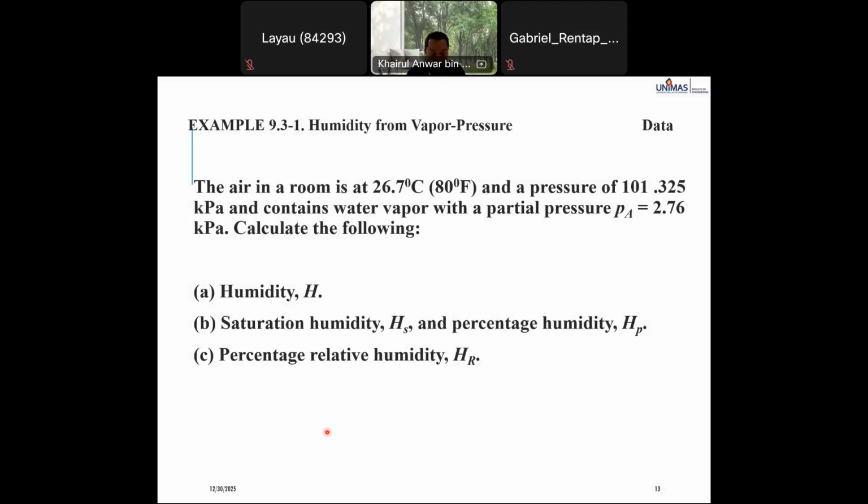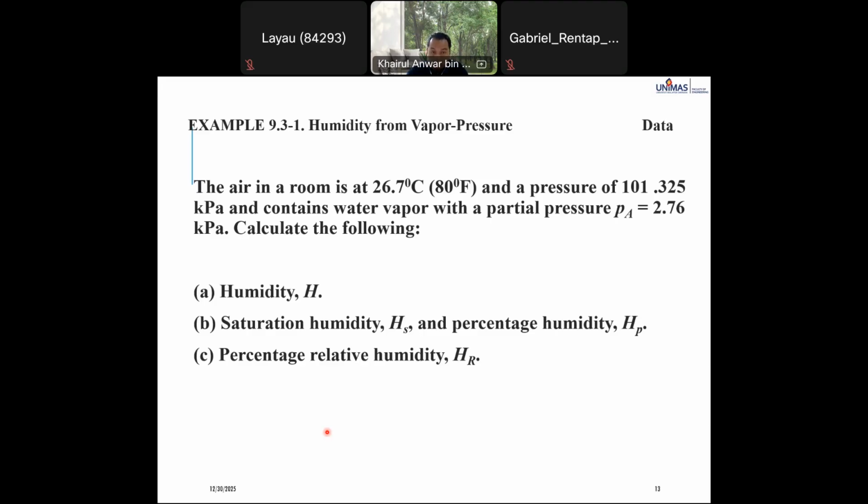Example. The air in a room is at 26.7 degrees C and a pressure of 101.325 kPa, where the pressure is P, and contains water vapor with a partial pressure of 2.76 kilopascal.